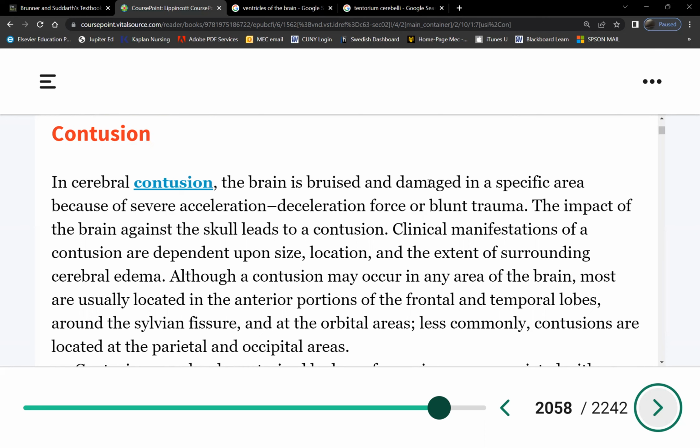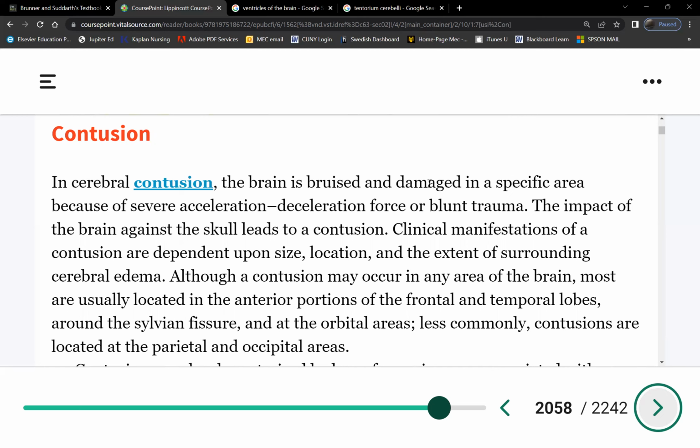The brain, this is usually either penetrating trauma or blunt force trauma. Have you heard of coup contrecoup, meaning the brain slams against the front of the skull and then ricochets and hits the back as well? That's what we call coup and then contrecoup. It's usually high impact, let's say a car accident.